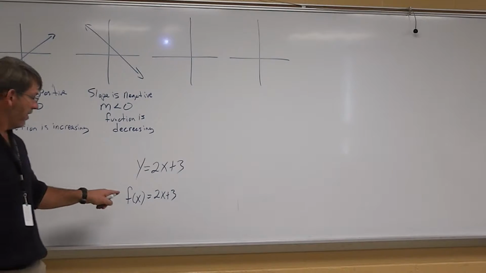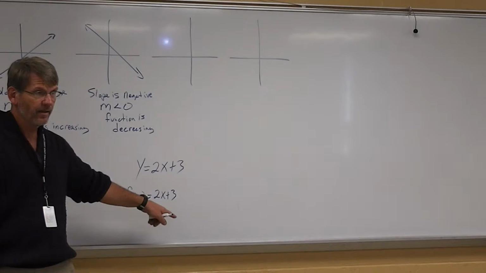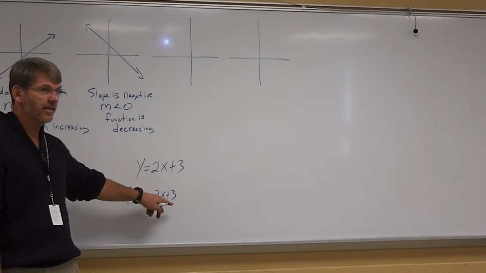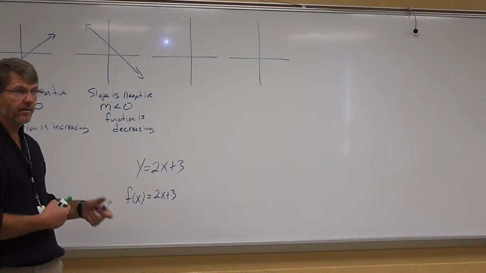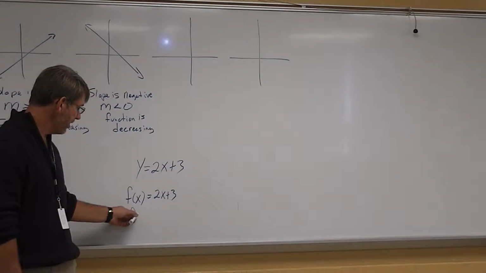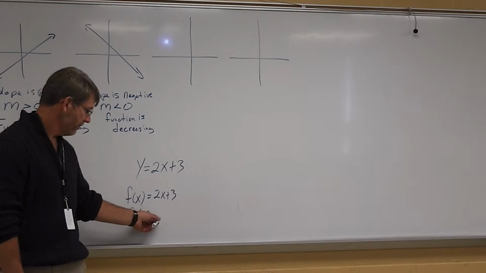Now this says the function is 2x plus 3, right? So as I substitute values for x in there, I'm going to calculate out the value of the function. Like when I substitute, say, 4 in, the value of f at 4 is 11.